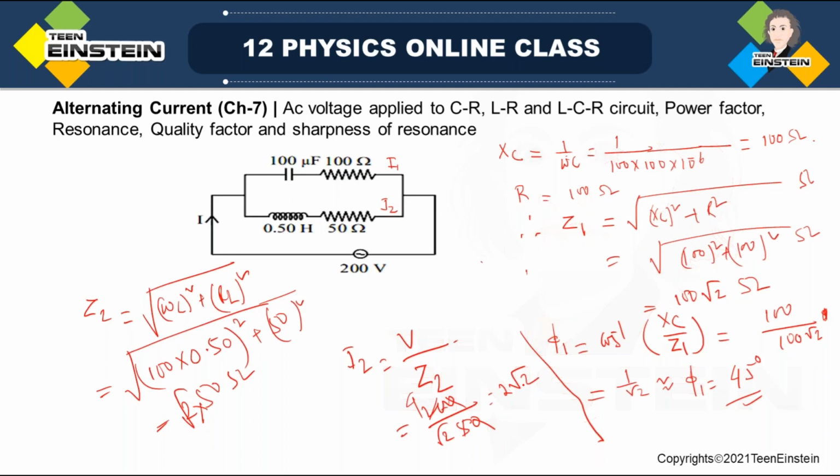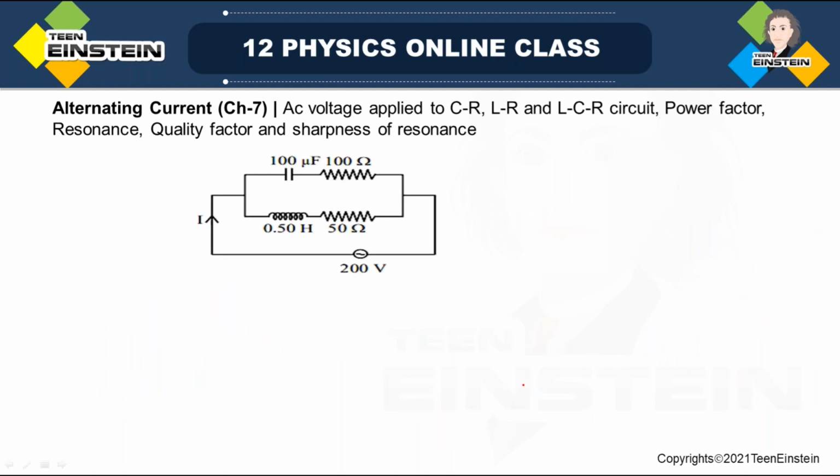Okay, anyway, so what I just tried to do is summarize. We first calculated the impedance. I have taken two currents, I1 through this and I2 through this. That is what I had to find out. What is I2?